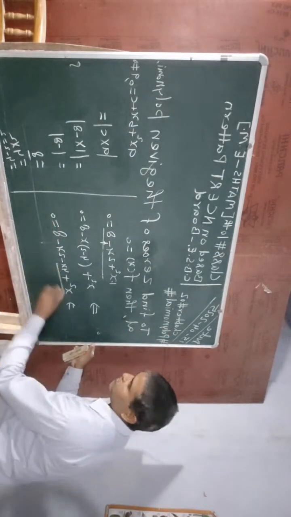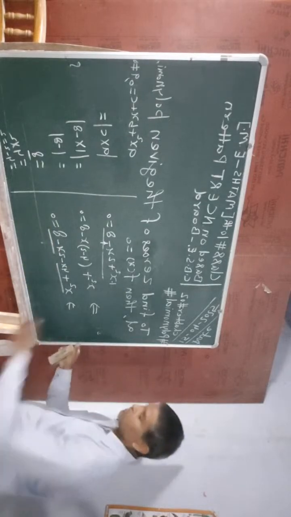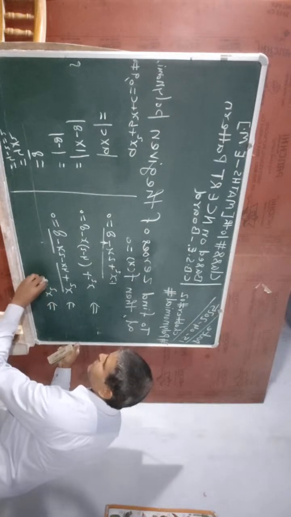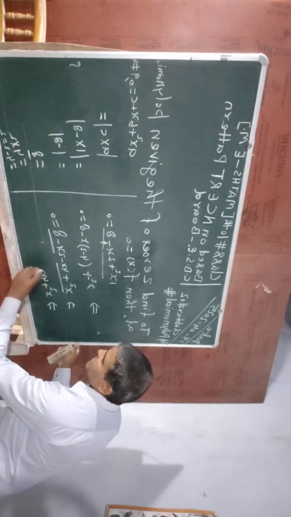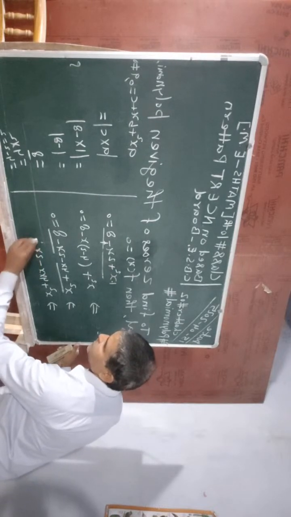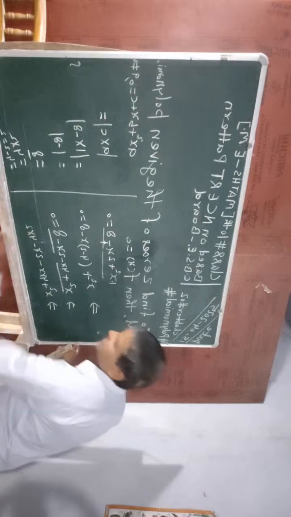Again, I write x square plus 4 into x minus 2 into x minus 4 into 2.